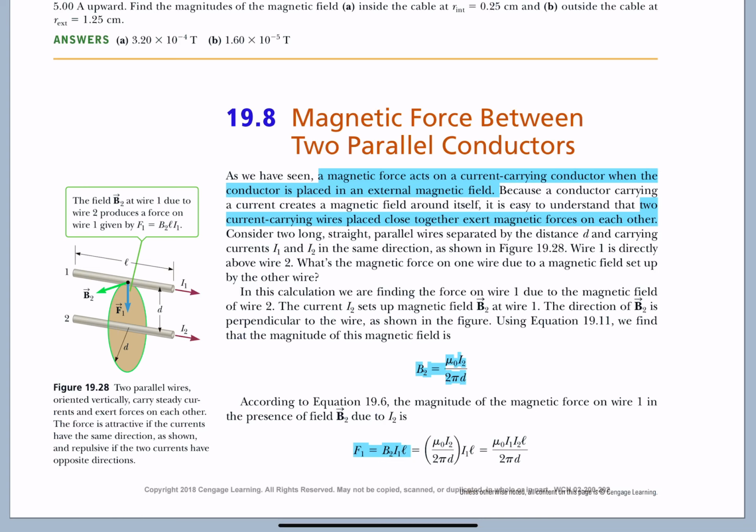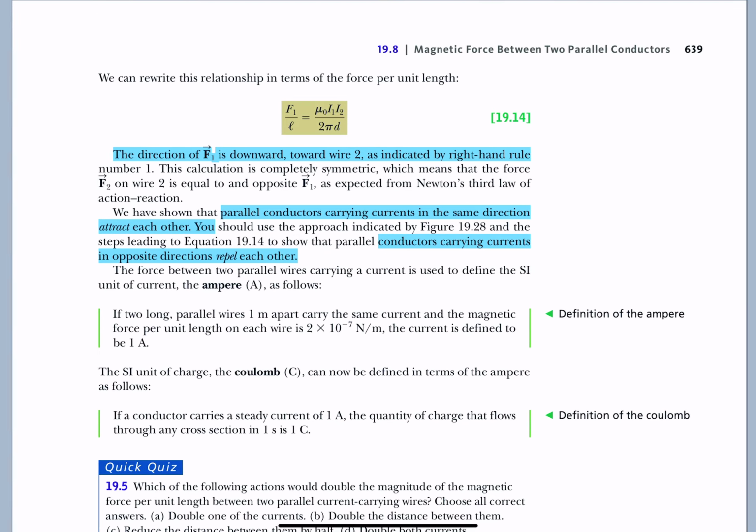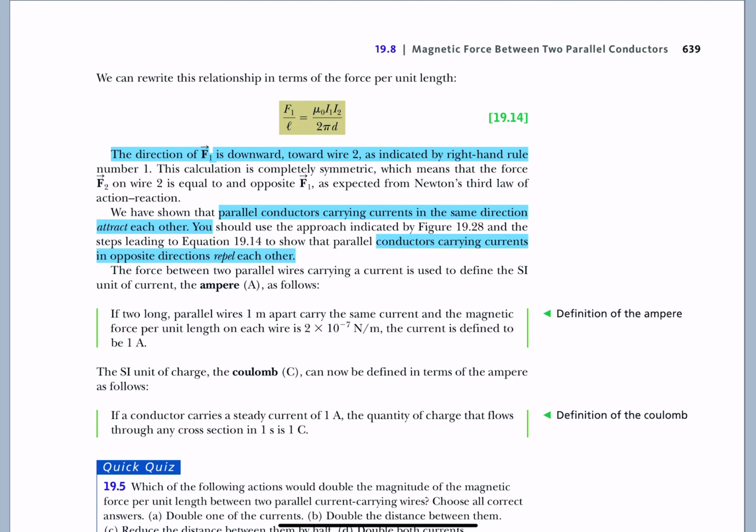That's the ability of that space to hold a magnetic field, times current number 1 in wire number 1, current number 2 in wire number 2, times the length that those two wires are parallel to each other, divided by 2 pi times the distance between them. If we divide both sides by that length, that the two wires are parallel, we get equation 19.14.